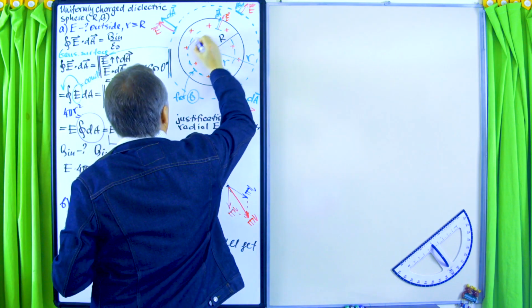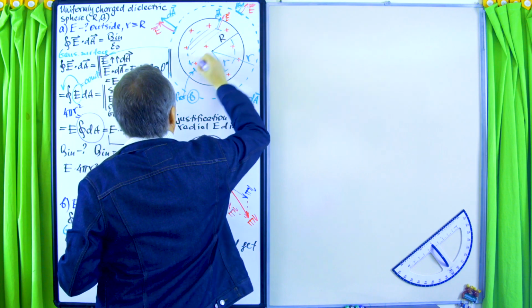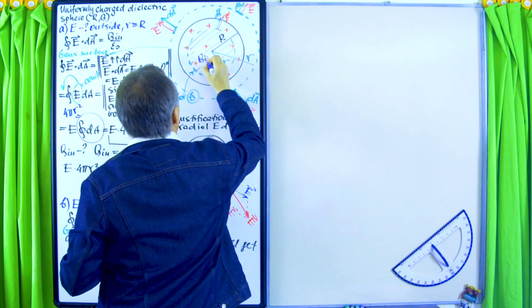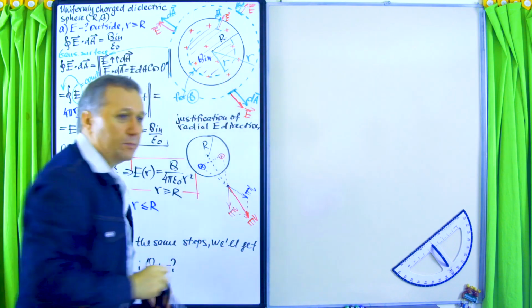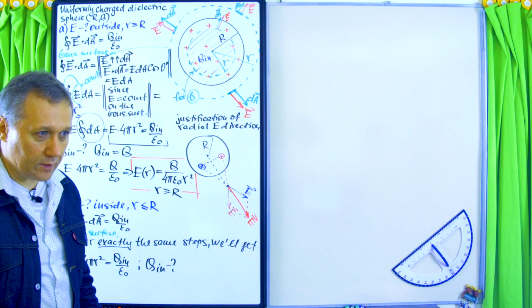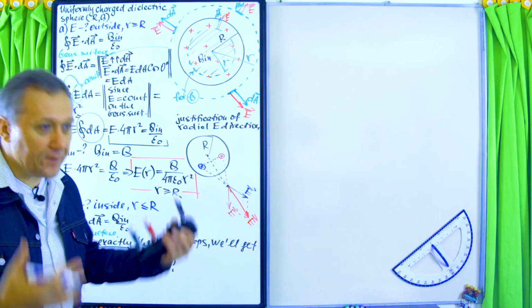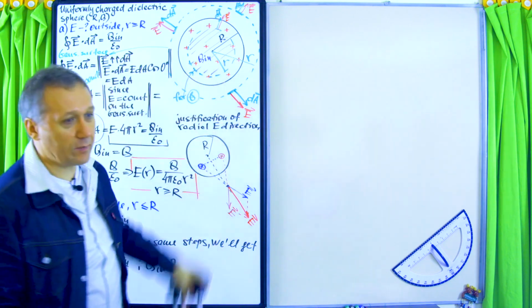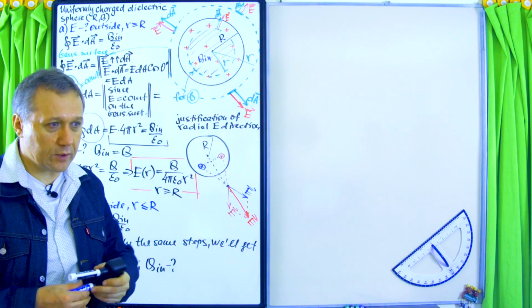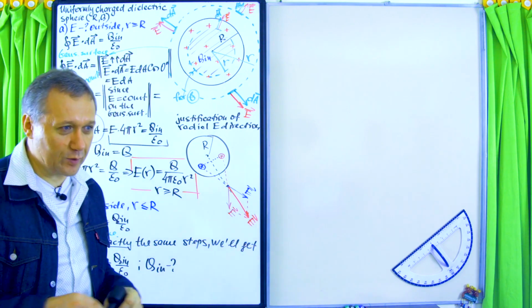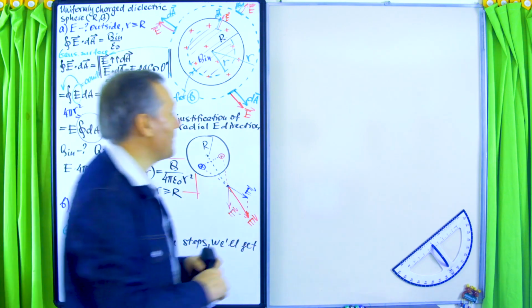Let me highlight it sort of like this, right? So this is where our Q enclosed is, again, for part B. You see? Again, it's just the total charge physically embraced by the Gaussian surface. This is our Gaussian surface, so that's where Q enclosed is, right? I doubt that you disagree with that.